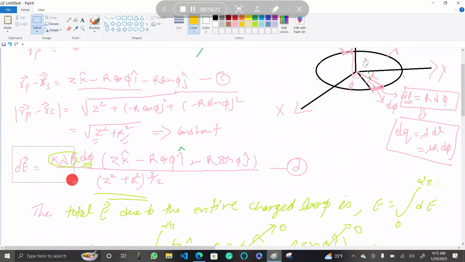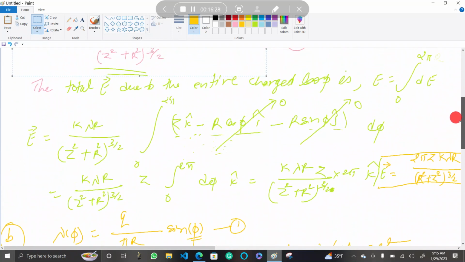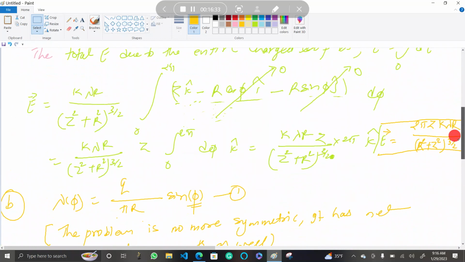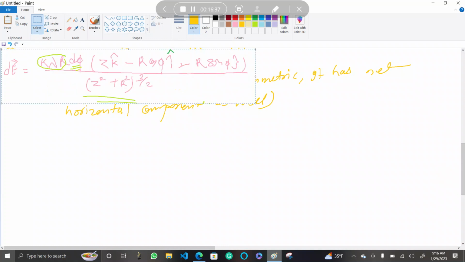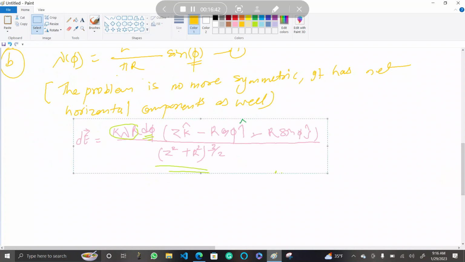Our electric field dE is something like this, or better I would take the electric field from here. I have this electric field, but right now I have this lambda as a function of phi, so I replace this.